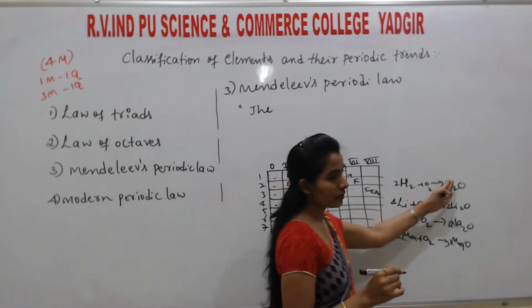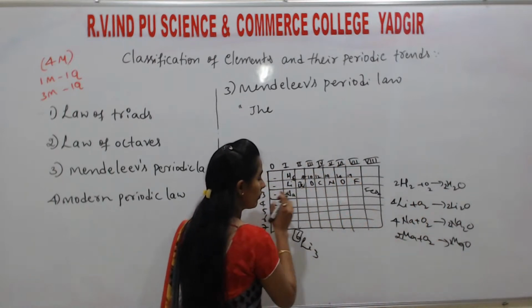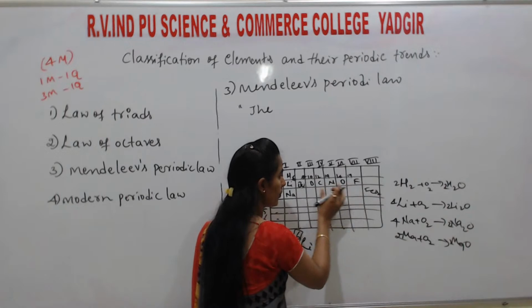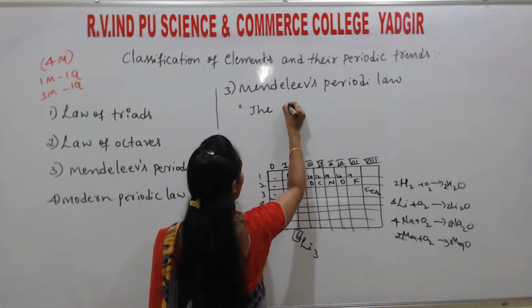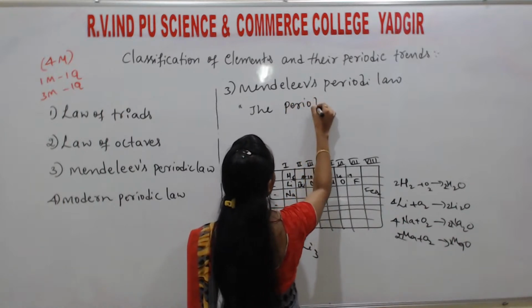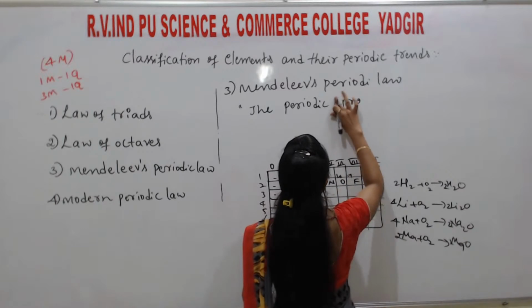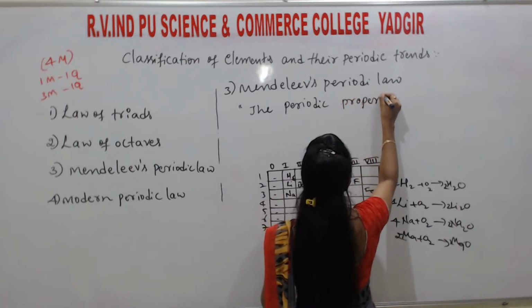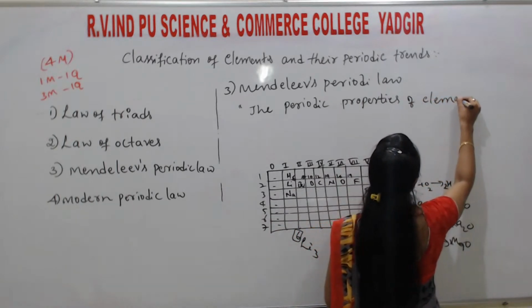The chemical properties are periodic properties. So when we arrange the elements considering the periodic properties, they are arranged in the increasing order of atomic mass. That shows the periodic properties of elements.